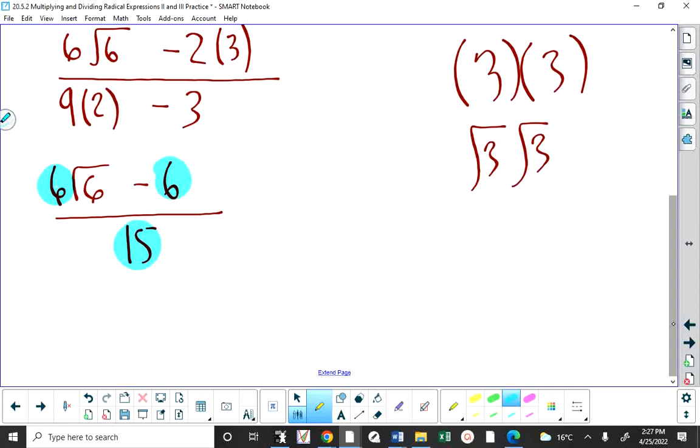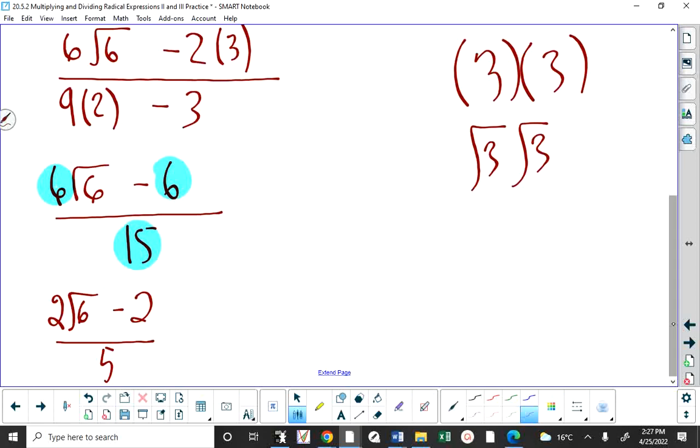Every coefficient gets slashed by a factor of 3. So if I divide 6 by 3 and 6 by 3 and 15 by 3, I get 2 root 6 minus 2 all over 5.